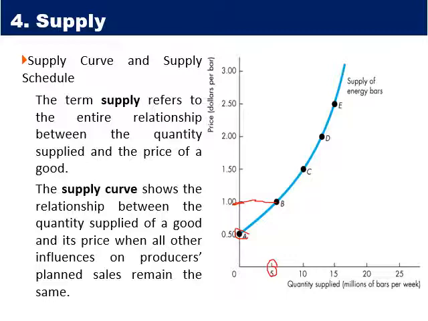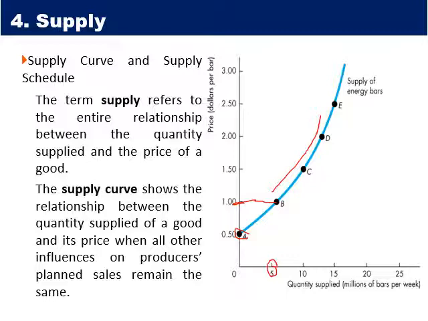So, based on that, we can see on this curve that a rise in the price, when other things remain the same, will lead to an increase in the quantity supplied, and we move up along the supply curve.